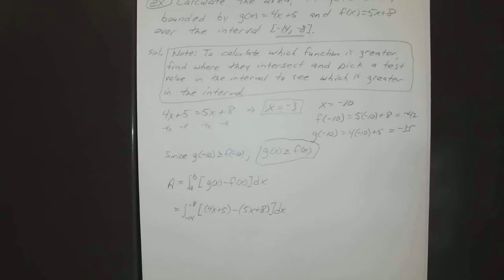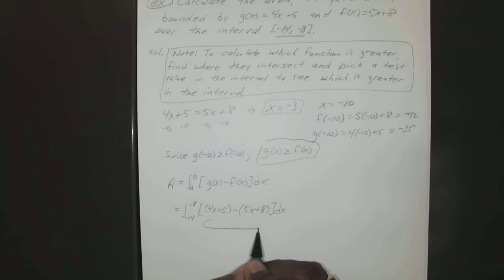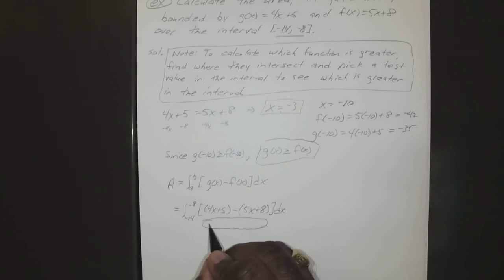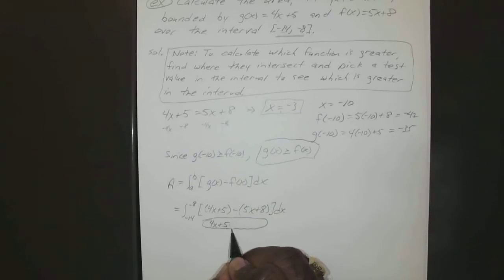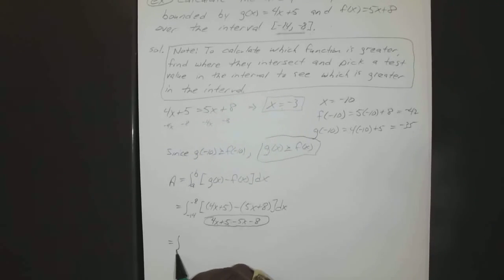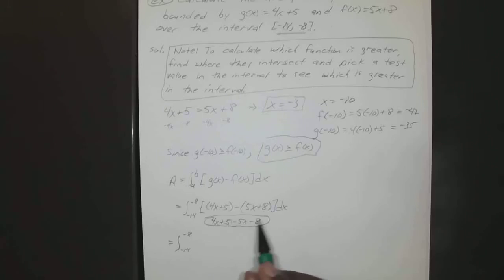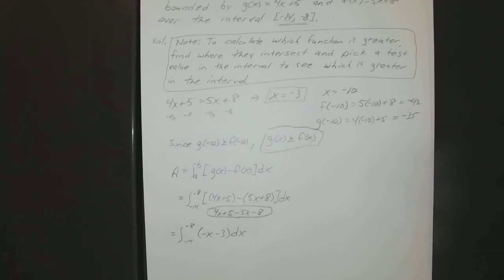If we distribute that negative, we'll just do that right underneath so we won't have to keep rewriting all the integrals. So 4x plus 5 minus 5x minus 8. Then you have the integral from negative 14 to negative 8 of 4x minus 5x, which is just negative x, and 5 minus 8 is minus 3. Still dx? Yep, still dx.